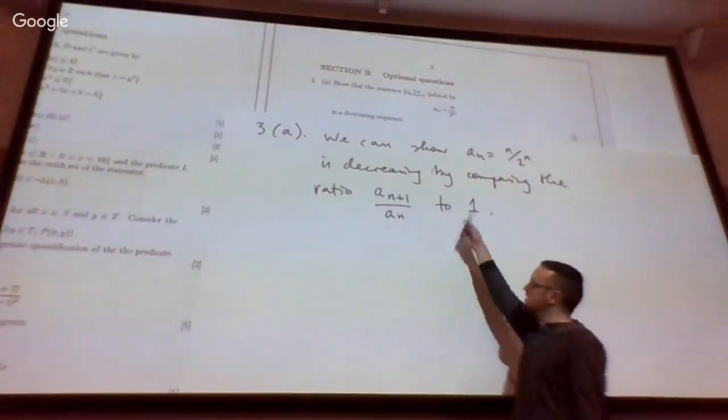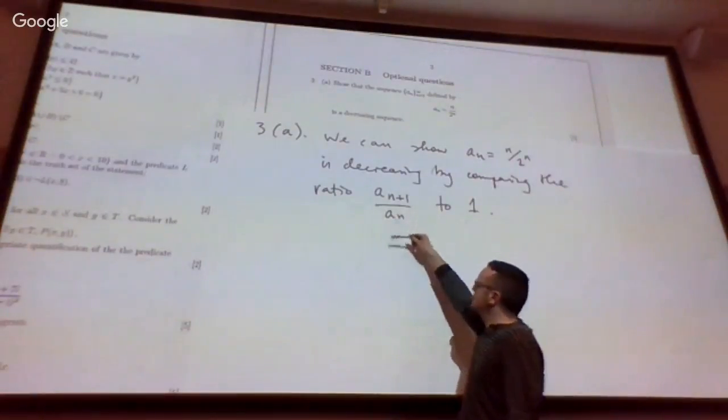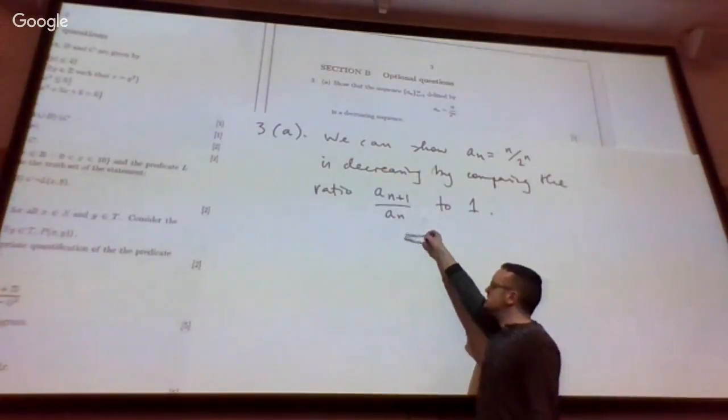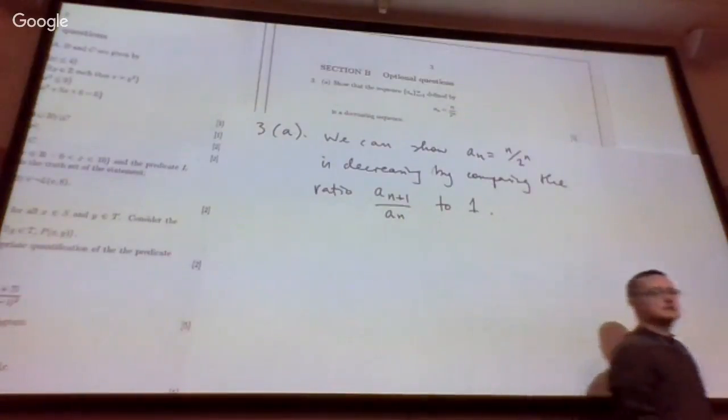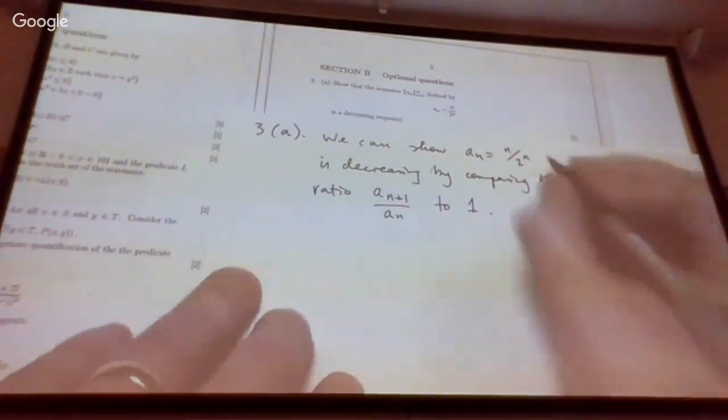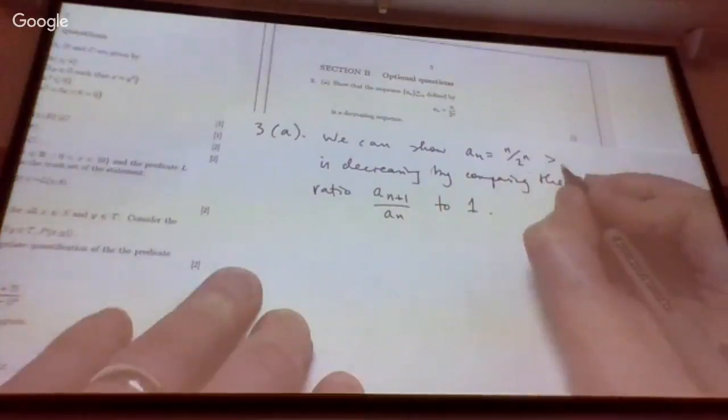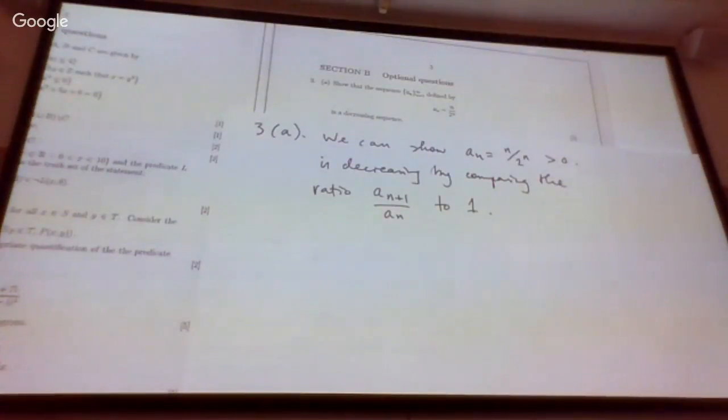Okay? So if the ratio is bigger than 1, it means the top is bigger than the bottom. If the ratio is less than 1, it means the bottom is bigger than the top, with the understanding that these things are always strictly positive.